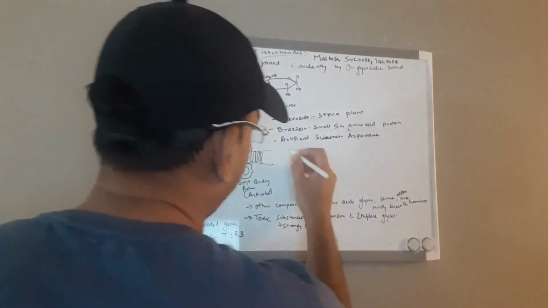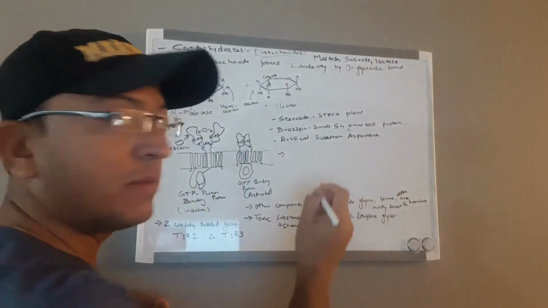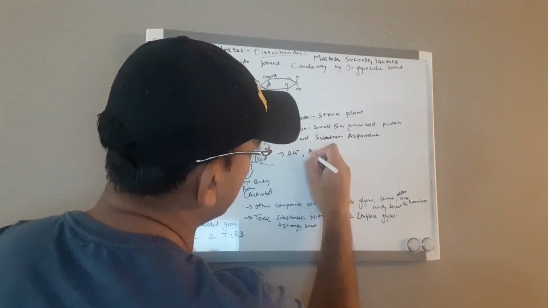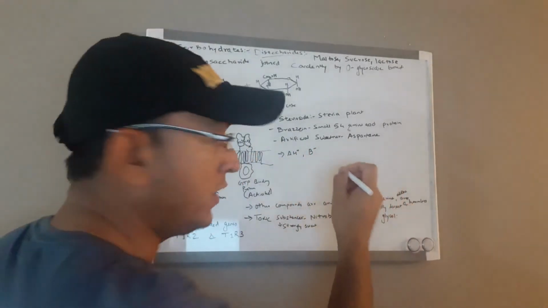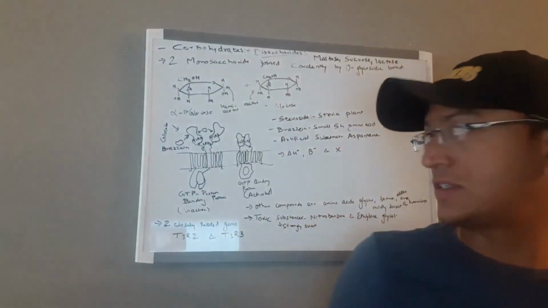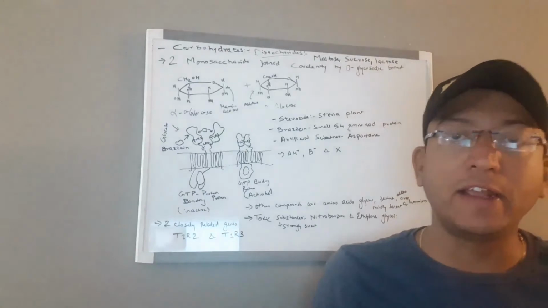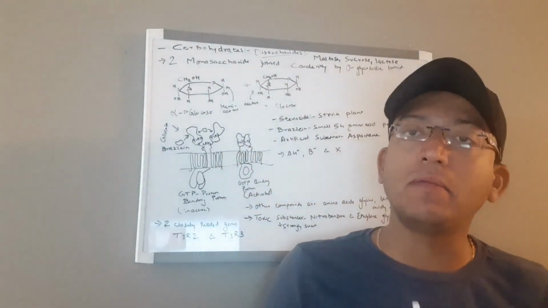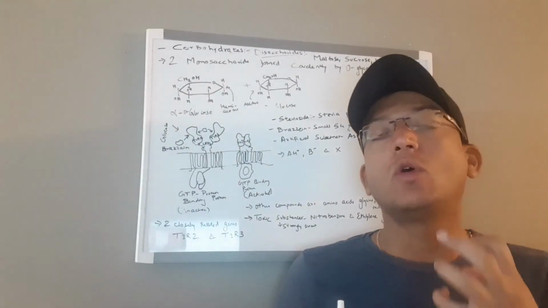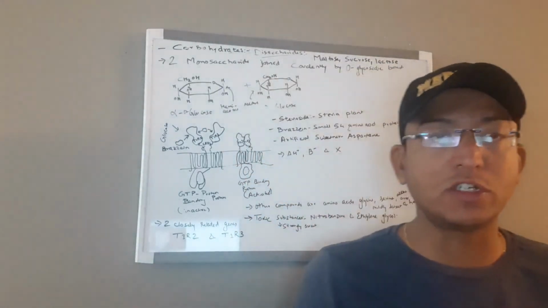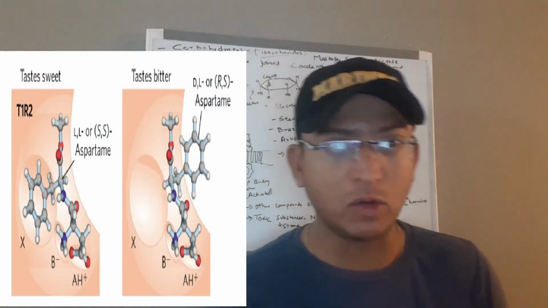binding involves three sites on the receptor. One is AH plus, one is B minus, and one is just an X. The site AH plus contains a group that is an alcohol or an amine, so that can hydrogen bond with a group with a partial negative charge, such as carbonyl oxygen, on the sweetener molecule.